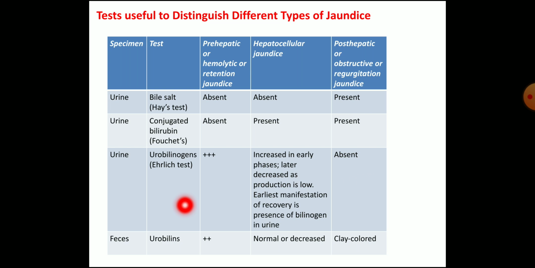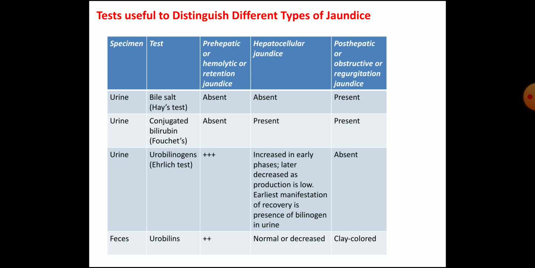Then about the feces. Feces contains urobilinogen, that is stercobilin or urobilin. It will be increased in hemolytic jaundice because there is excess hemolysis and more production of urobilinogen. More is going to the intestine, and so more is reduced and excreted through feces.